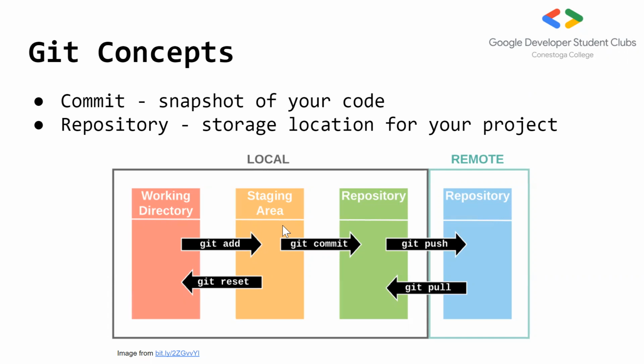So this staging area is essentially a preparation area for your commit. What do you want to put in your commit, right? It allows you to adjust what you want to put in your commit before you actually do the commit, right? And the repository is where the commit history is stored, right?